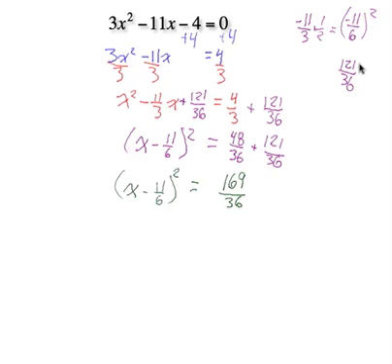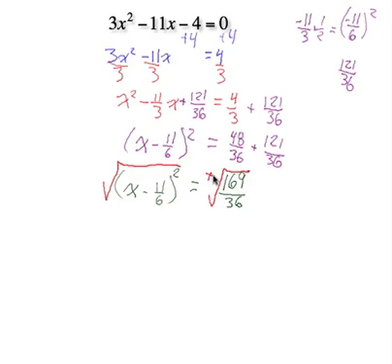Now it's really important that you understand that we've now gotten x all by itself. Well, it's not all by itself yet, but there's only one version of x in this entire problem. And so we can solve for that. The first thing we need to do is take the square root of both sides. So I'm going to take the square root of the left and the square root of the right.